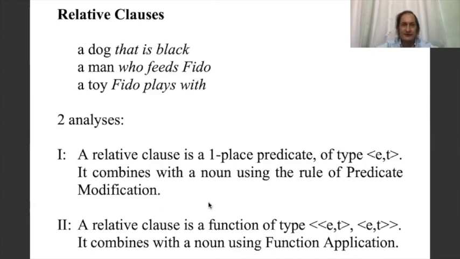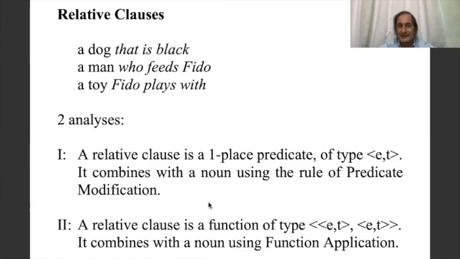This relative clause can do things that sometimes a simple adjective can't. So you can say a man who feeds Fido, but there is no way of turning that into an adjective modifying a noun. You can say a toy Fido plays with, okay?